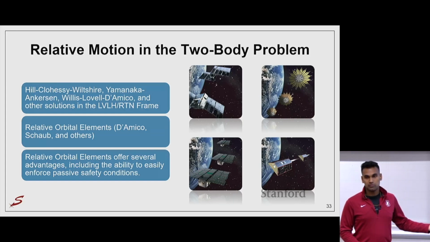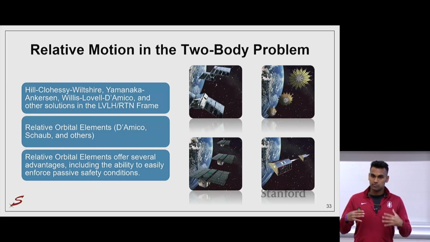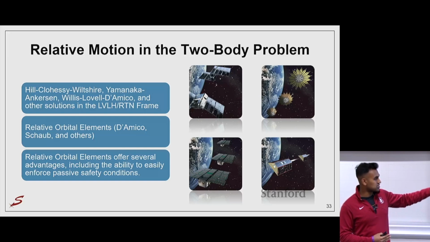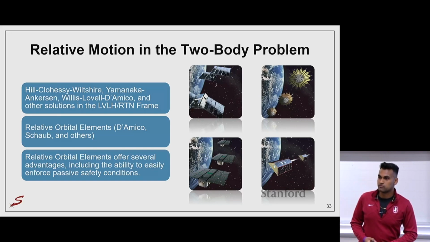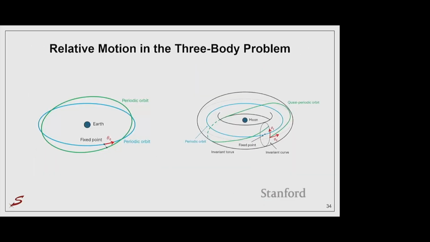And relative orbital elements, as you've learned in the last couple of lectures, offer several key advantages: characterizing the motion geometrically, giving a better interpretation, having state parameters that vary more slowly, and the ability to control the spacecraft better in set conditions like passive safety through, for example, e/i vector separation. Our relative motion in the three-body problem occurs differently.